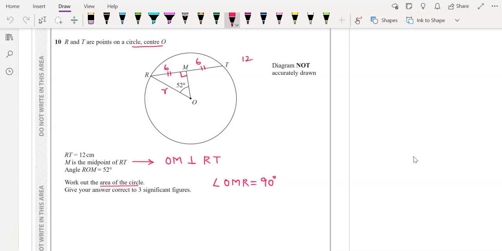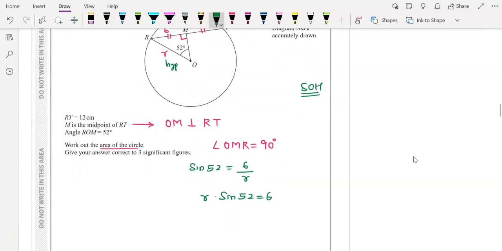Now, in this triangle, we can use SOHCAHTOA to find the value of R. I have the opposite side, that is 6, and R is the hypotenuse. So we can use the SO ratio, which is sine is opposite over hypotenuse. So sine of the angle is the opposite side, 6, over the hypotenuse, R. Take the cross product: R times sine 52 equal to 6.